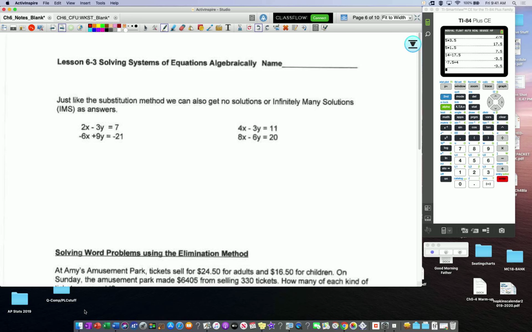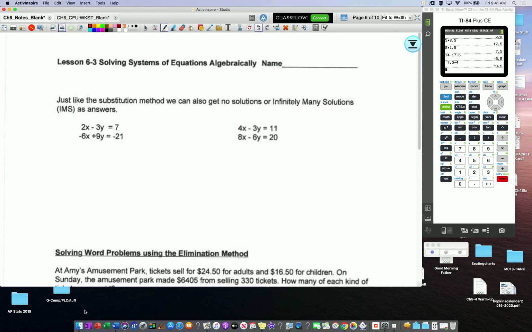So just like substitution, you can get no solutions and infinitely many solutions when solving systems using the elimination method. So let me show you what happens here.